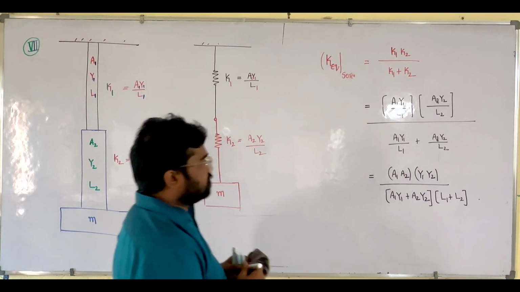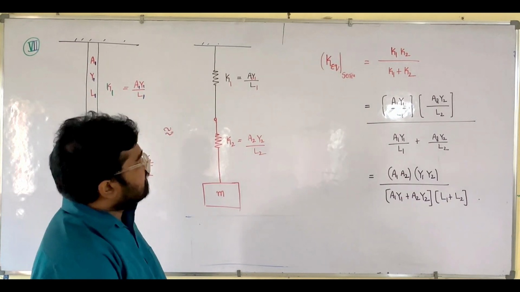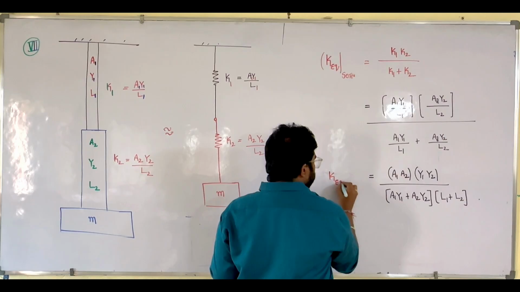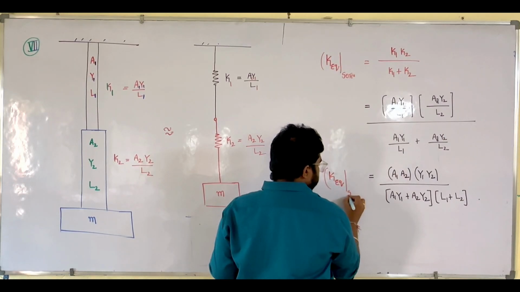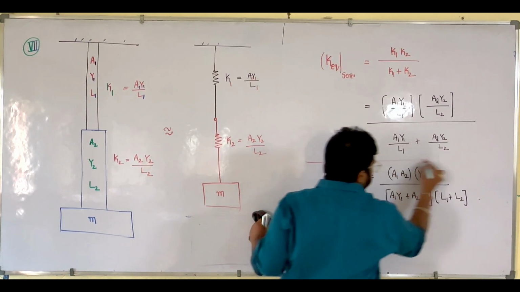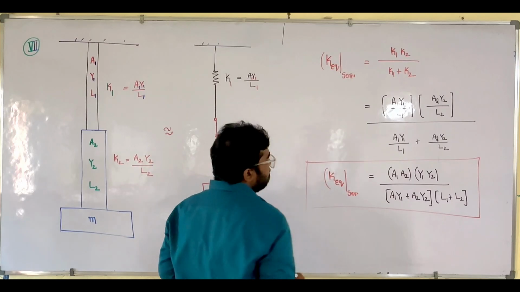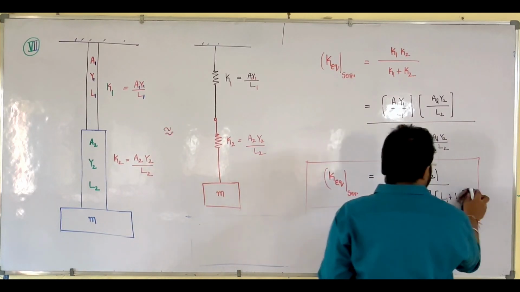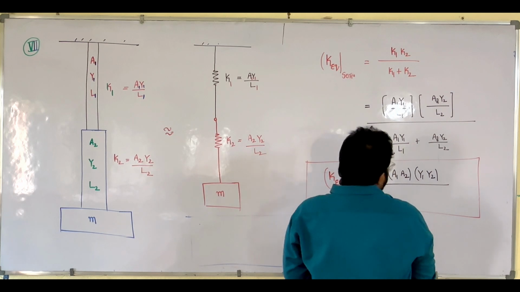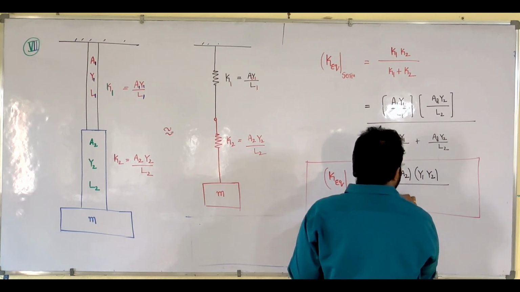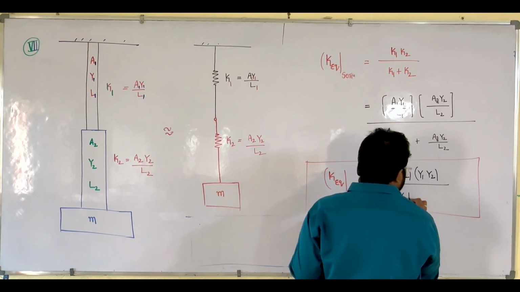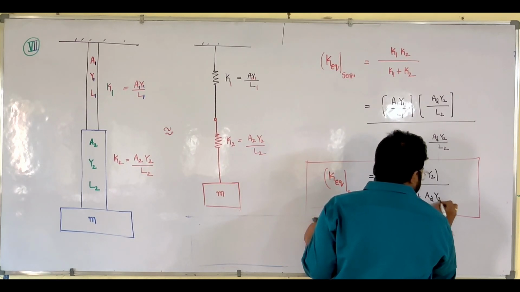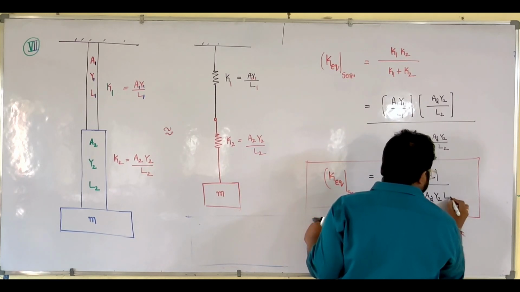Clear? K equivalent in series combination is A1 Y1 A2 Y2 divided by (A1 Y1 L2 plus A2 Y2 L1).